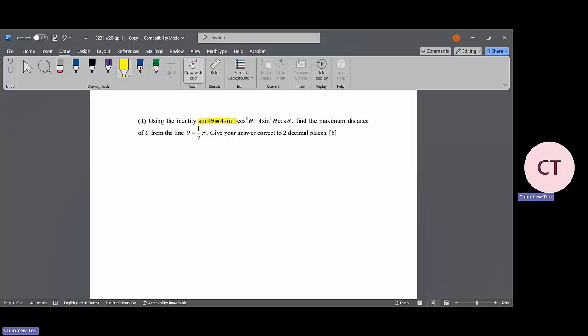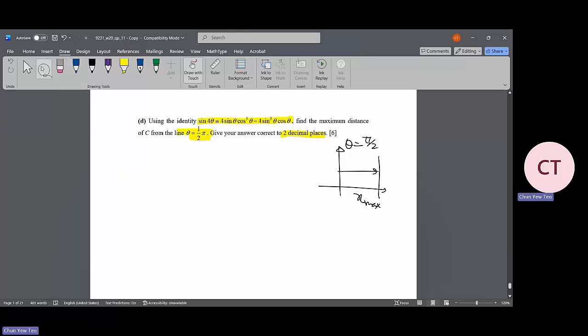So they're giving you this information, and then give the answer correct to decimal places. So that means over here we have theta equal to pi over 2. Over here we are looking for the maximum distance. That means we are looking for x max. So to look for x max, we need to make our r become x.